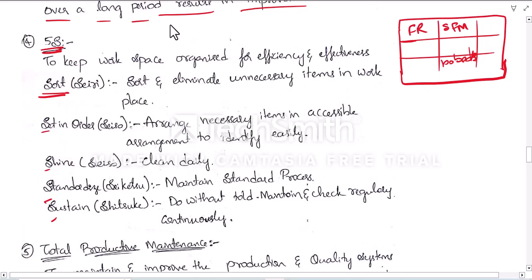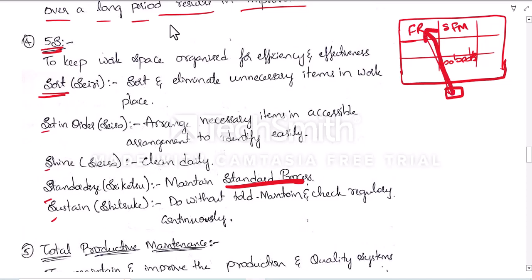Then we have to clean it daily. And we have to maintain the standard process. What does it mean? If we arrange like this, and we are studying FR, take the FR book and make sure you keep it back in the same place after studying FR.